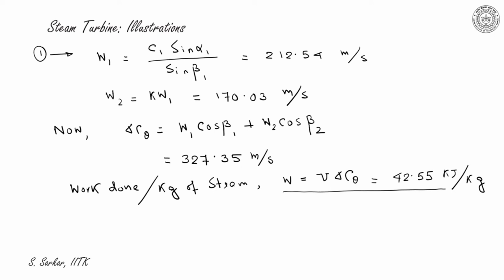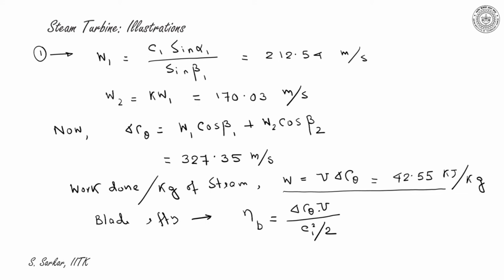Now the blade efficiency, eta B, I'll get as del C theta into U divided by C1 square divided by 2, the kinetic energy of the jet.